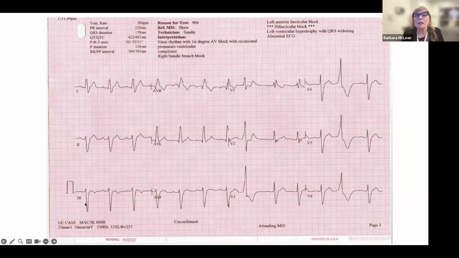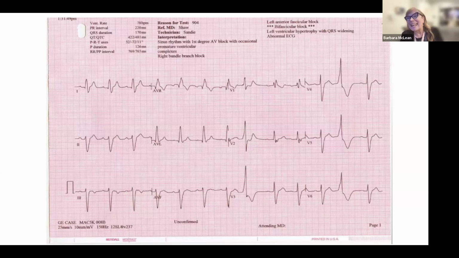So when we take a quick look at this EKG, there are a couple of things that are going to be important. We're going to talk about all of them and how they relate to understanding what's happening for your patient. First and foremost, when you are looking at frontal plane leads, that would be 1, 2, and 3, AVR, AVL, and AVF, what you anticipate is that the majority of the electrical current is going towards the left side.